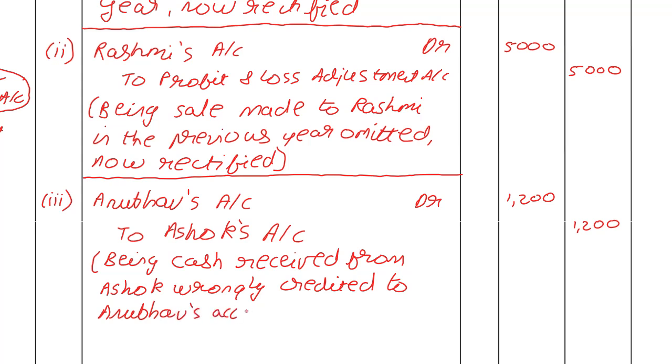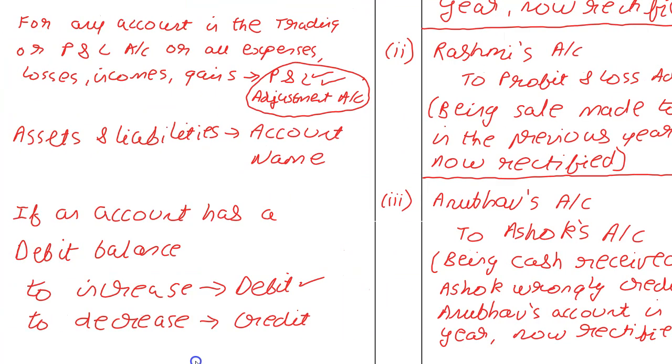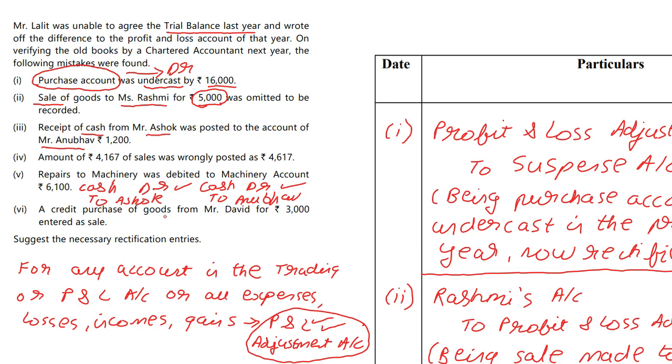Okay, and this would have been fine if it was in last year, but we have to say in the previous year, now rectified. Look at how large it can end up becoming. Rectified. Now we go back to our set of transactions.